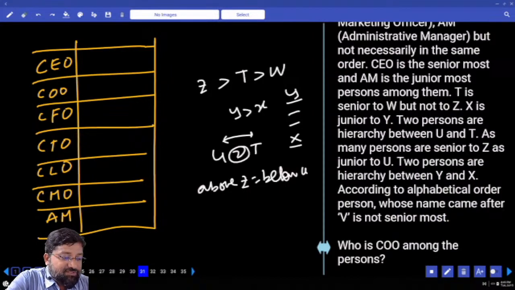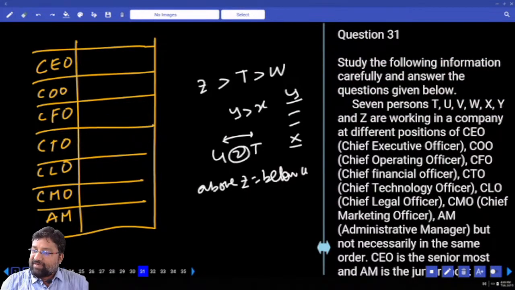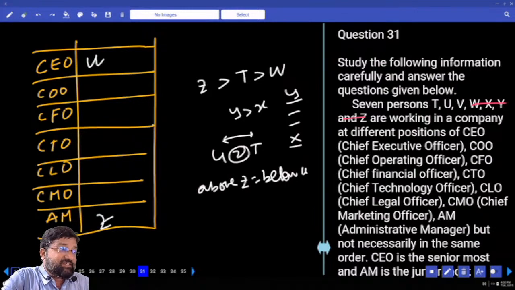So W, X, Y, Z are not the senior most. Then who has chances? If W, X, Y, Z have no chance, the chance is with T, U, V. T is impossible, and U cannot take the first place. Why? Because before T there is Z. If I put U in the topmost position, then this should be Z. But the problem is, after Z there are a minimum of 2 persons.